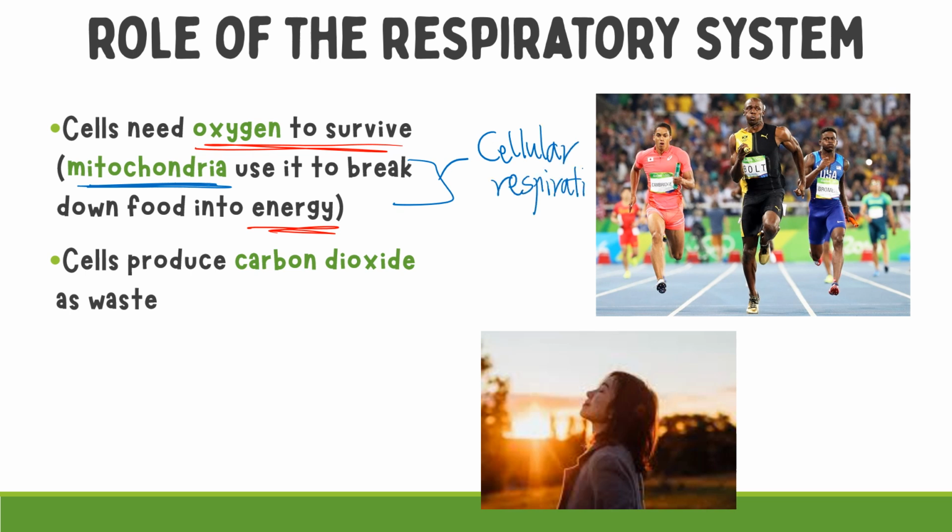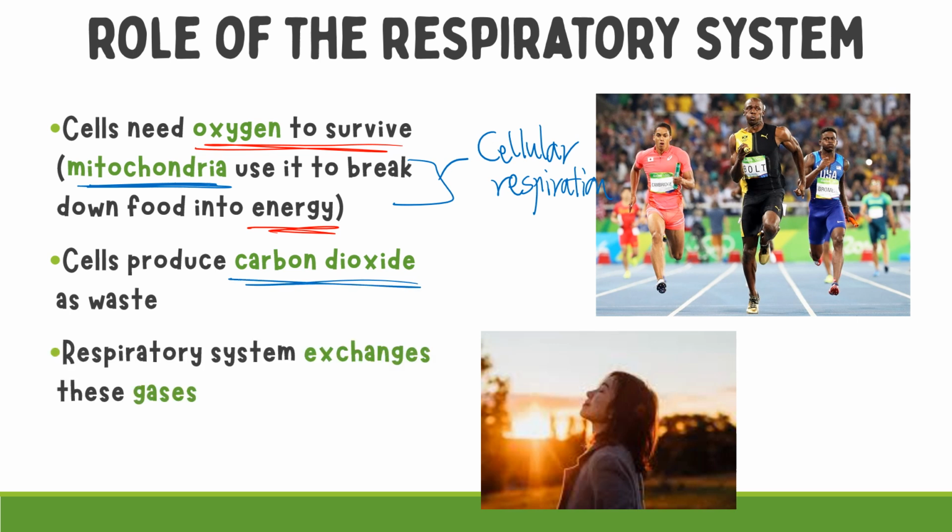And it's essentially a chemical reaction that uses oxygen and food to make energy, but it produces carbon dioxide and water as wastes. So we need to get rid of that carbon dioxide by breathing it out. So overall, we say that the respiratory system exchanges gases by bringing in the oxygen and bringing out the carbon dioxide.